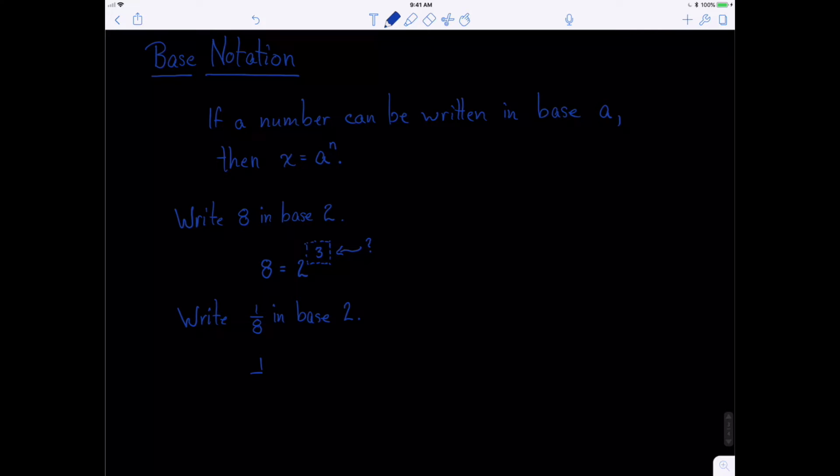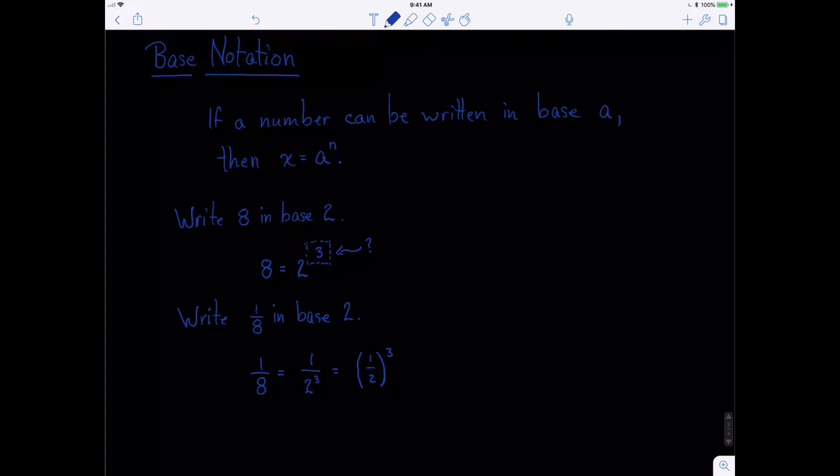So I'm going to start out with my 8, and I'm going to use what I just learned. I know that 8 is 2 cubed. But I can also think of 1/8 as 1/2 cubed.